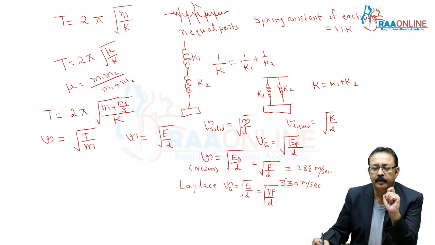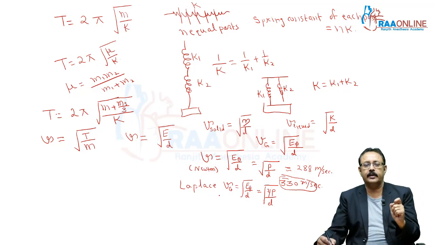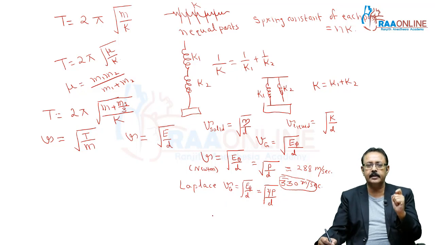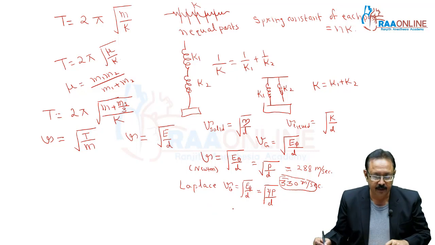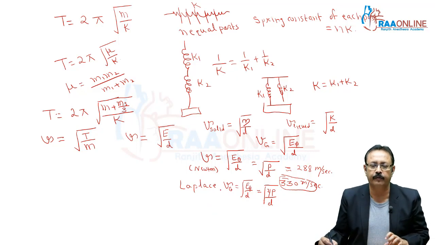So he got velocity in this range. This correction was accepted, and now we say the velocity of sound in a gas is under root E phi by D, where E phi is the coefficient of adiabatic elasticity. So it was all about velocities.